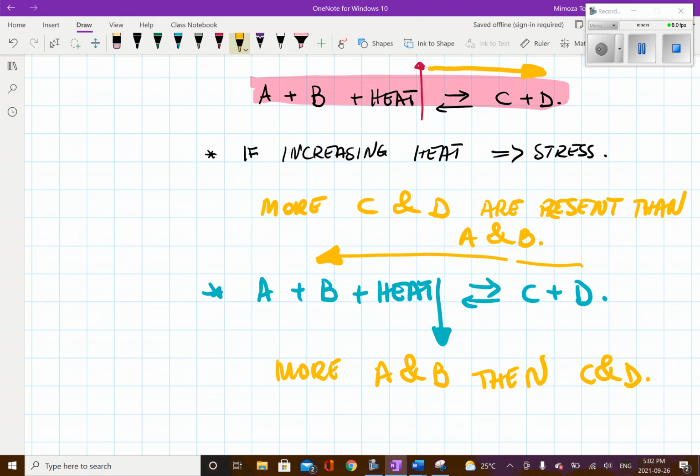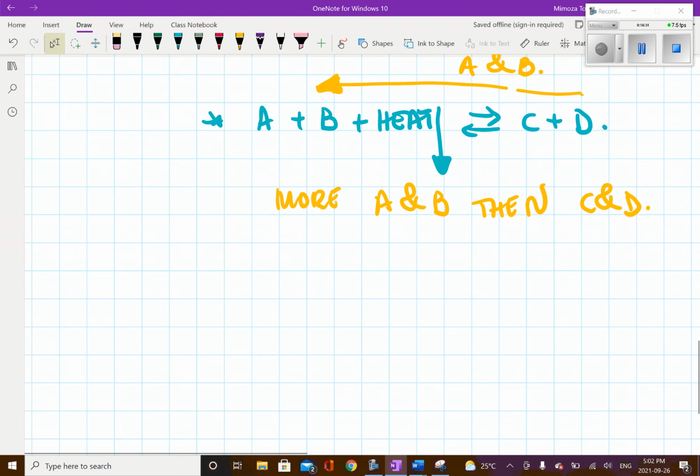So if the temperature is decreased, the equilibrium will shift toward the side with the heat term. Okay, so it doesn't matter, increase or decrease.